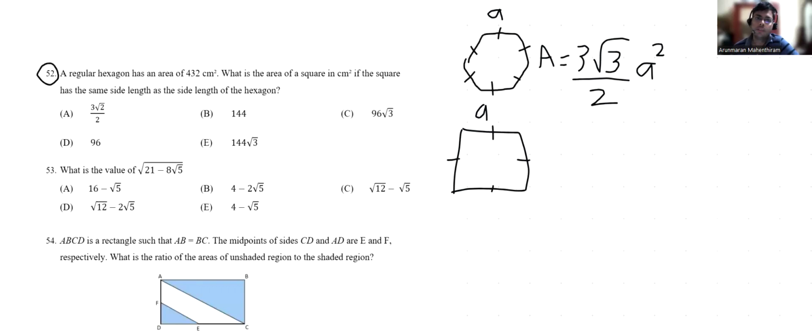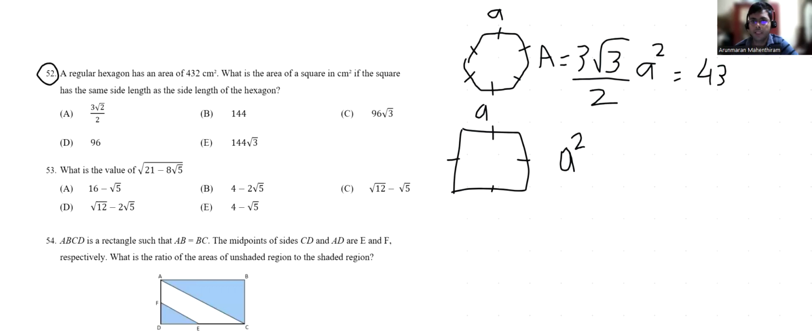So the question is, what is a square? Because the area of the square is given by a square. The area of the hexagon is given as 432.